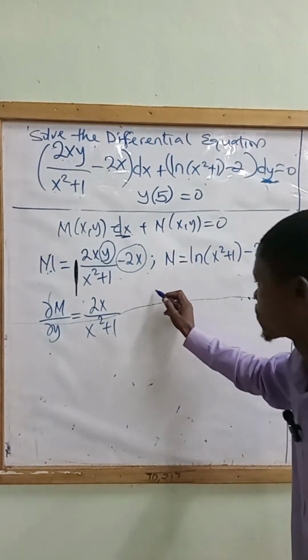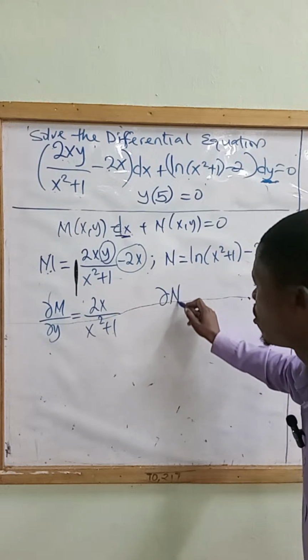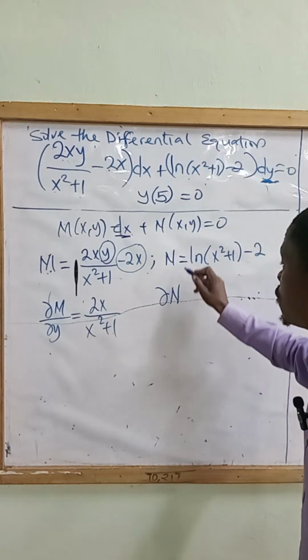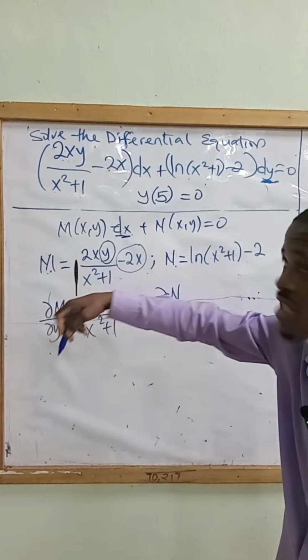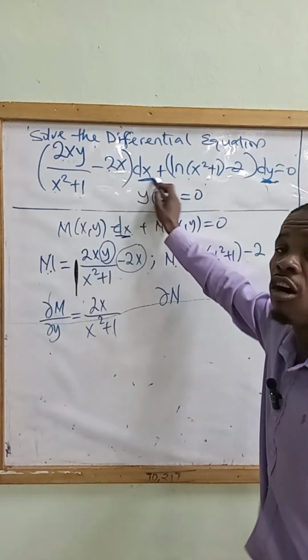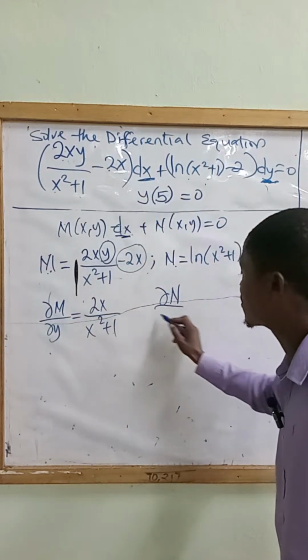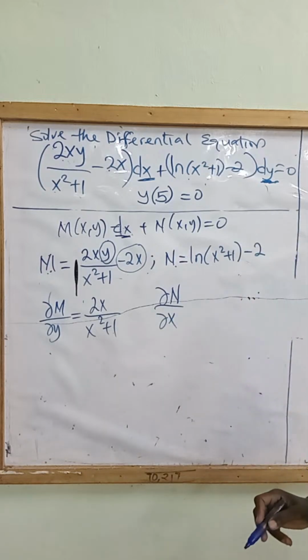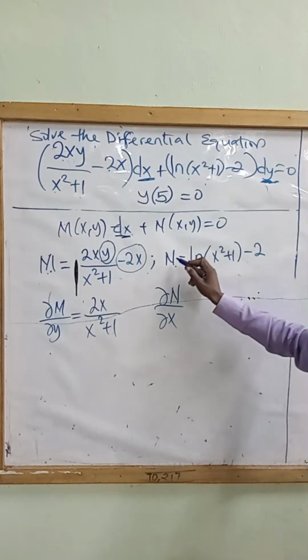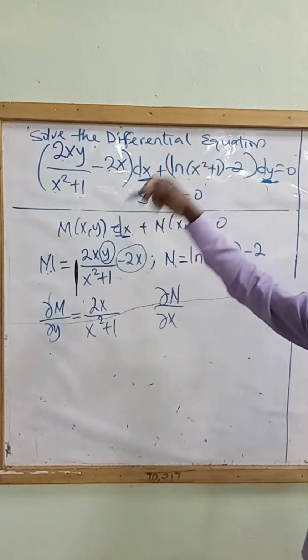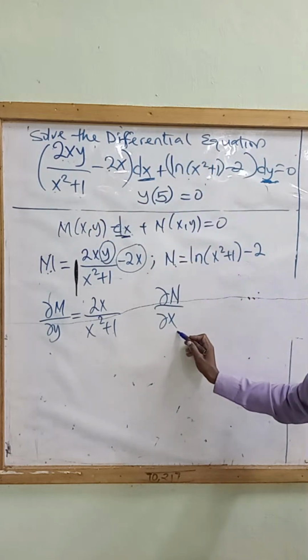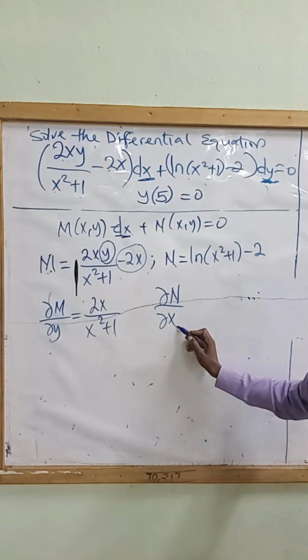Let's go to the partial differential of N. You're going to differentiate N partially with respect to x.